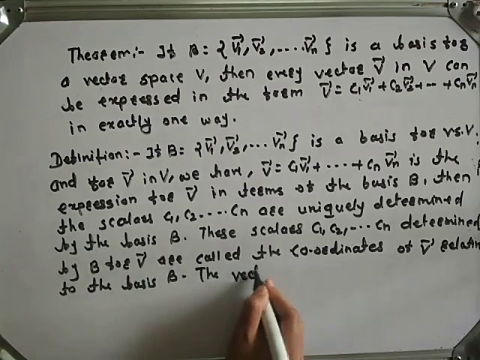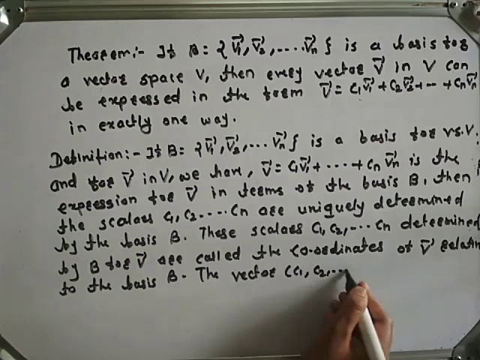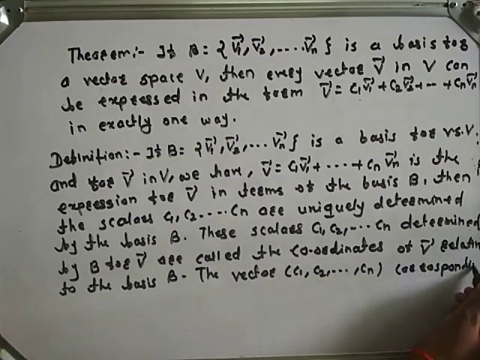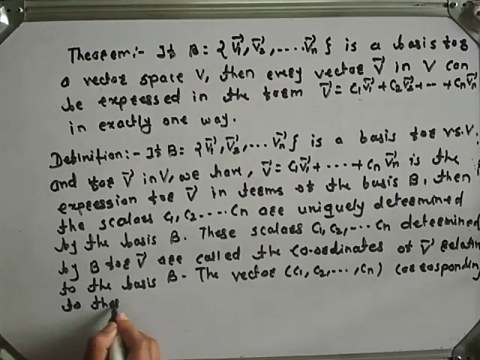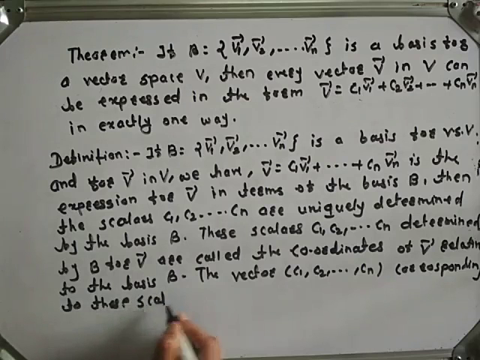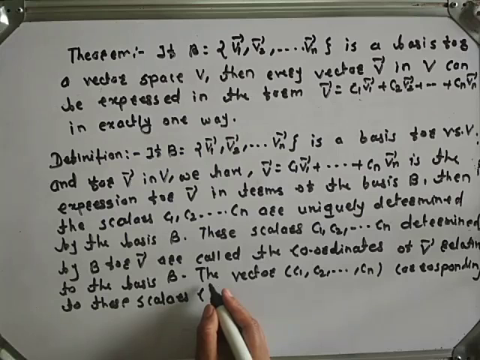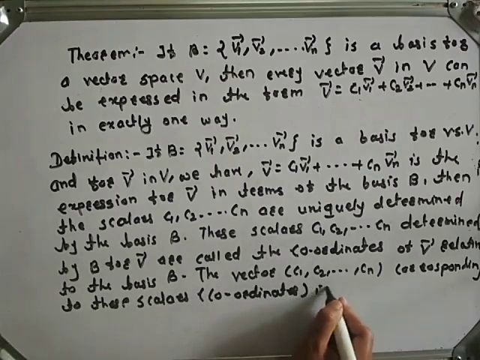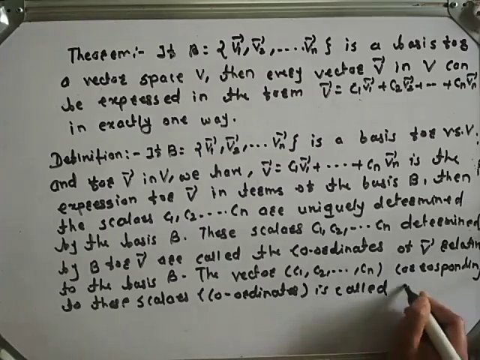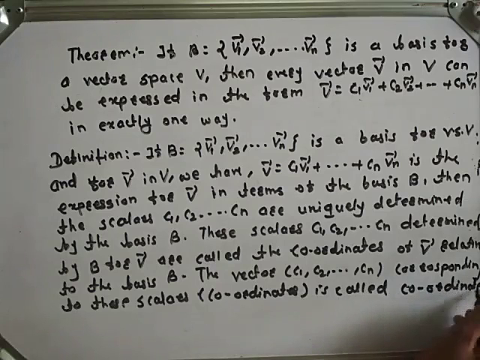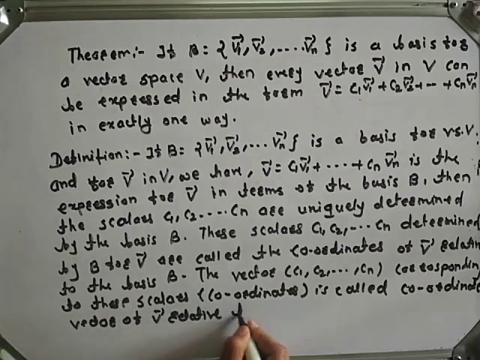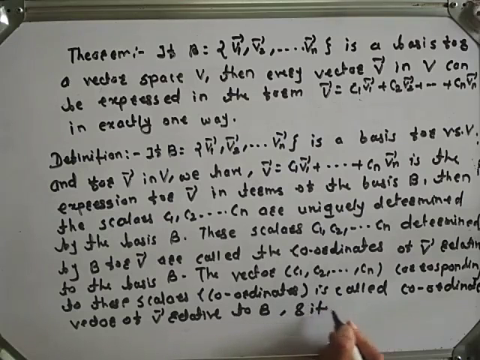The vector C1, C2 and so on up to Cn corresponding to these scalars, called coordinates, is called the coordinate vector of V bar relative to B, and it is denoted by [V bar]_B.